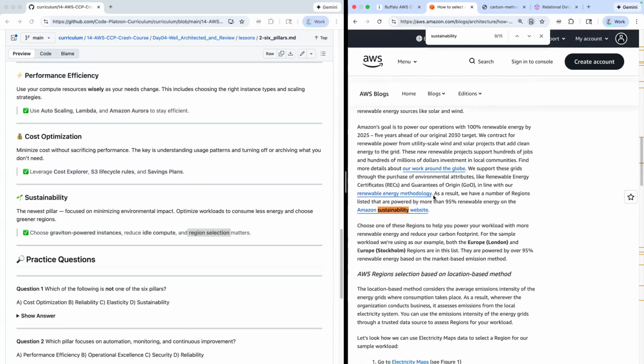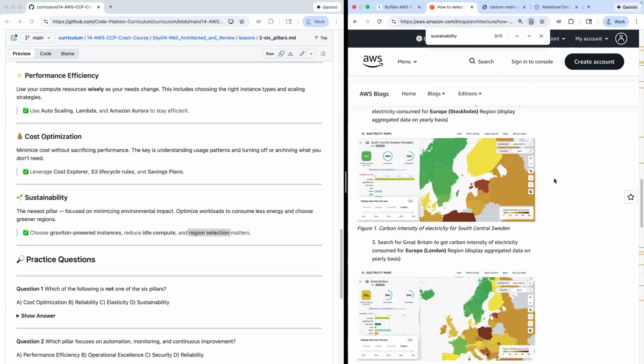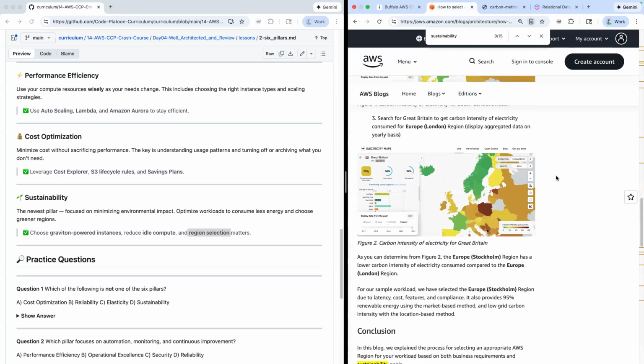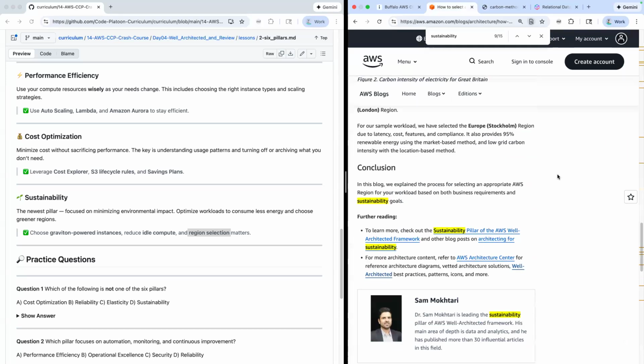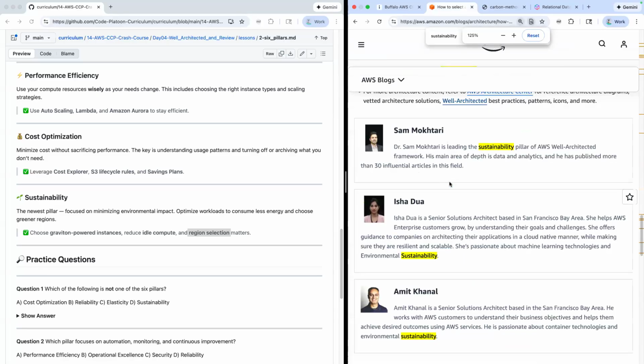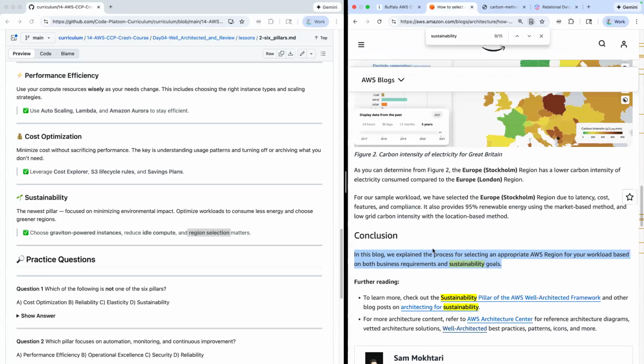They have a lot of other stuff. You can see they've got maps of carbon intensity for different areas. But in essence, they don't quite have a one size fits all guide or map, but they do have a process that's pretty detailed that if I'm working for Netflix, I can use to choose an AWS region and actually pay attention to sustainability because there might be corporate sustainability goals.